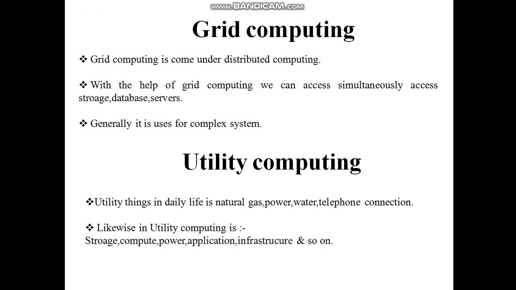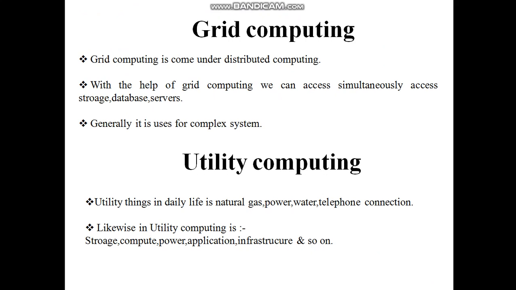Grid and utility computing both come under distributed computing. Grid computing is nothing but being able to access storage, databases, and servers simultaneously. It is generally used for complex systems. Utility computing is like the utilities we use on a daily basis: natural gas, power, water, telephone connection.